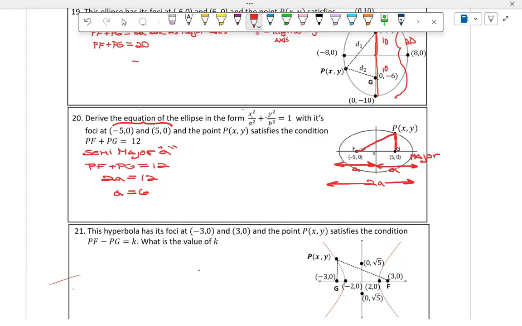Okay, so in my equation here, I got x squared over 6 squared plus y squared over b squared. So b is the Pythagorean relationship in an ellipse. So b is our semi-minor.